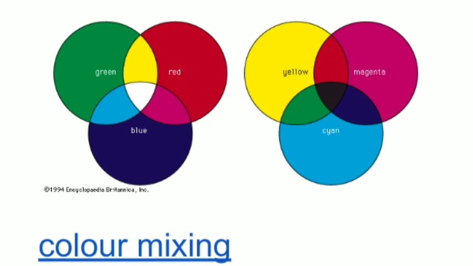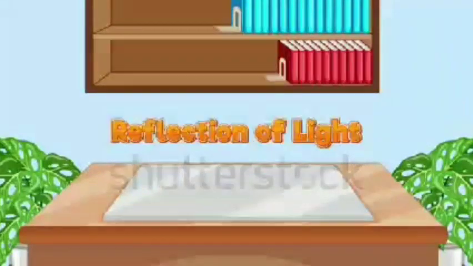Newton demonstrated that color is a quality of light. To understand color, therefore, it is necessary to know something about light.